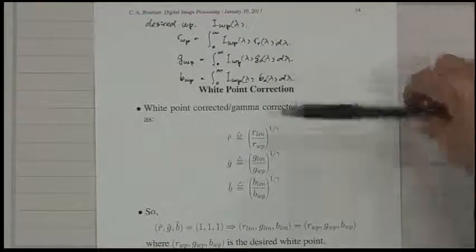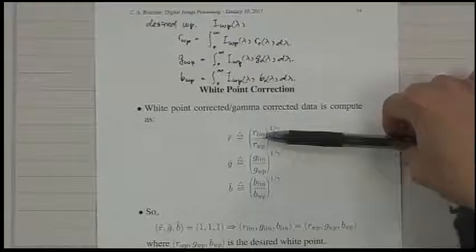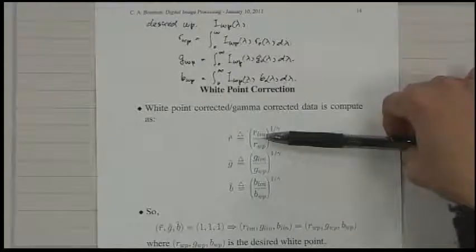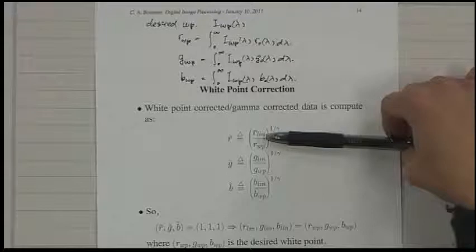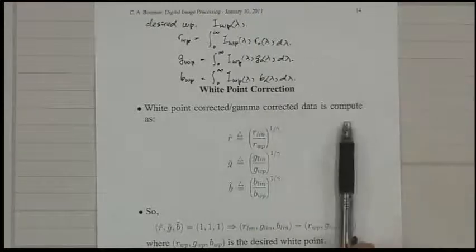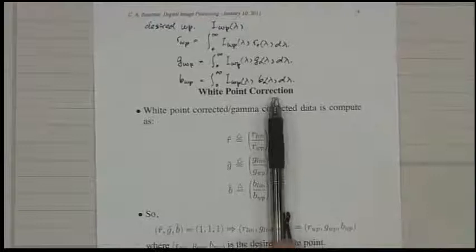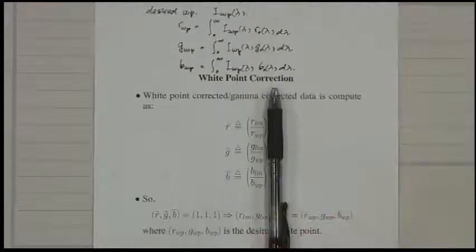So suppose we have the data computed according to the equal-energy white, and we want to know the corresponding data we can obtain using D65 or some other desired white point. Then we have to do this kind of normalization: R linear normalized by the R white point, G linear normalized by the G white point, and B linear normalized by the B white point. This is converting from one white point to another.